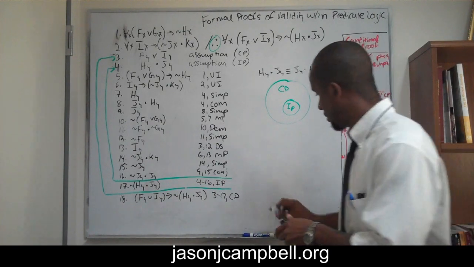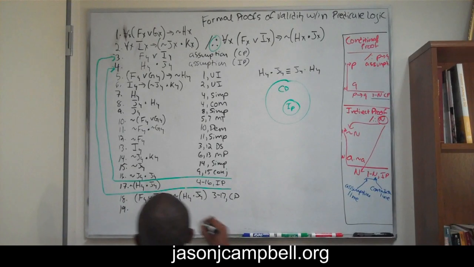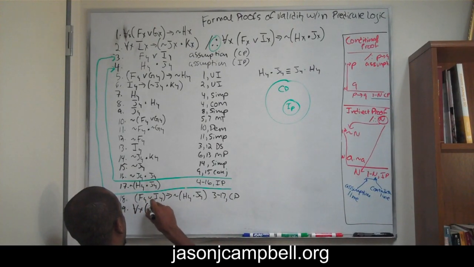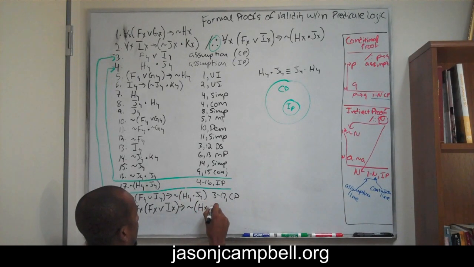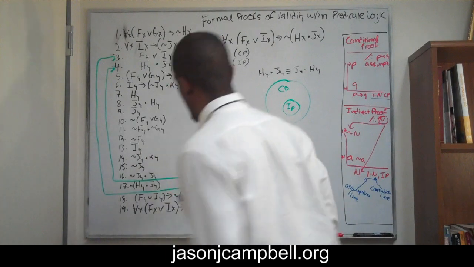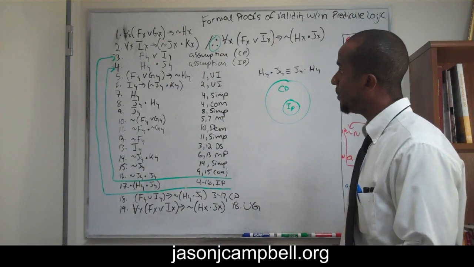So step number 19 is going to be for all x, Fx or Ix, then not Hx and Jx. And the justification is going to be line 18, universal generalization. And that concludes the problem.